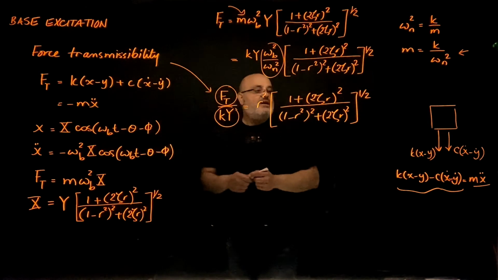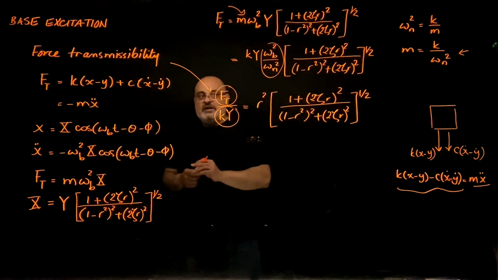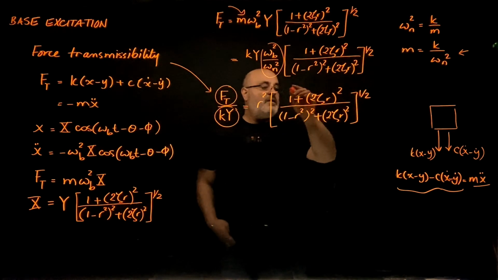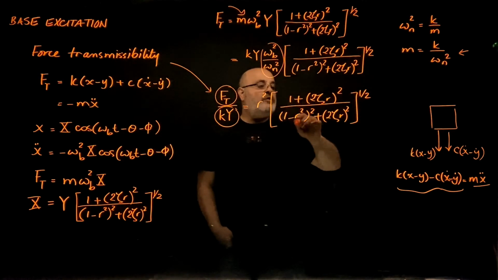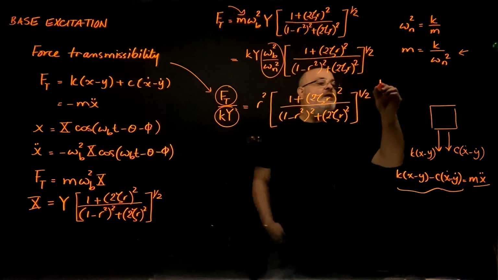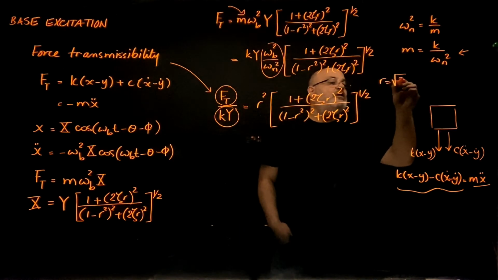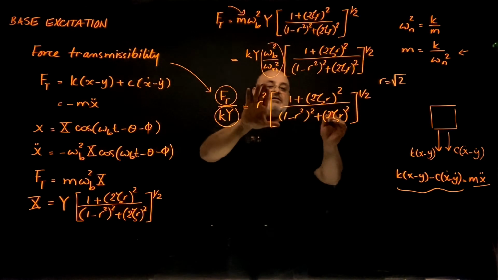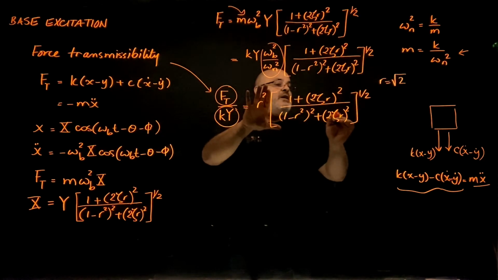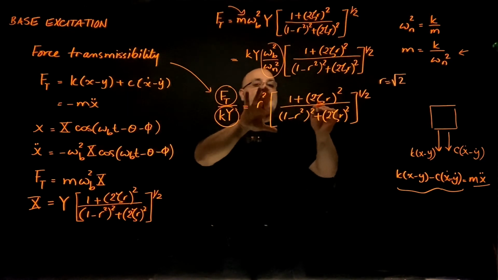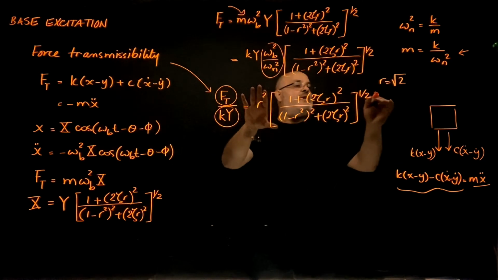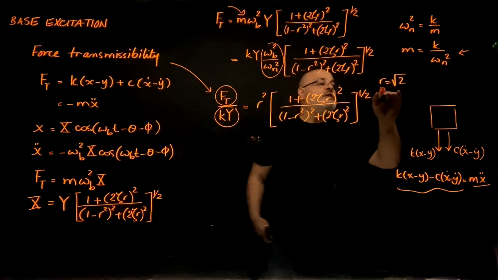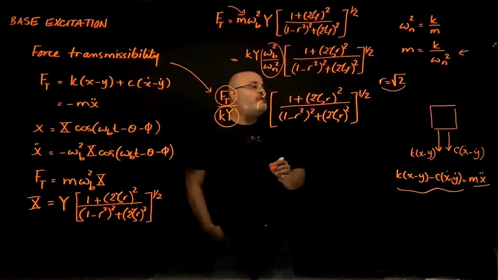Now, just like in the distance transmissibility, we determined that this fraction has a value of 1 when r equals square root of 2. This was the distance transmissibility, just this fraction, and we noticed that the distance transmissibility was 1 for all damping when r, the frequency ratio, was square root of 2.